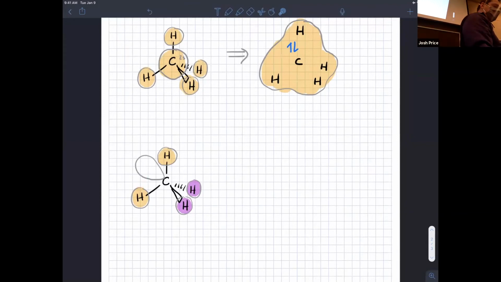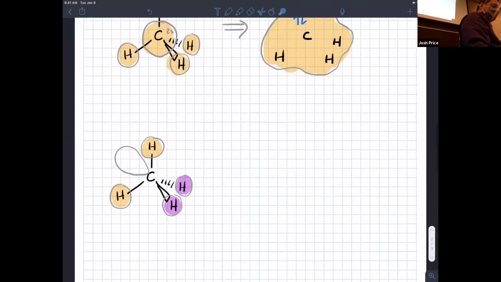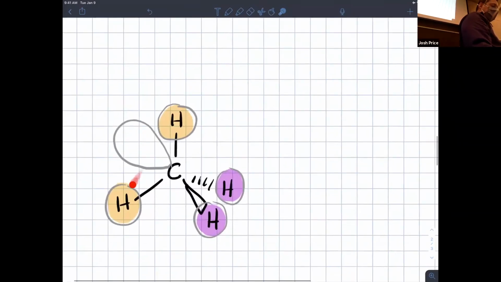So this p orbital juts out into the space between those two hydrogens. It's in the plane of the page, and it will overlap in phase. So there's a bonding interaction there. You've got in phase constructive overlap between the hydrogen, the carbon, and the other hydrogen.